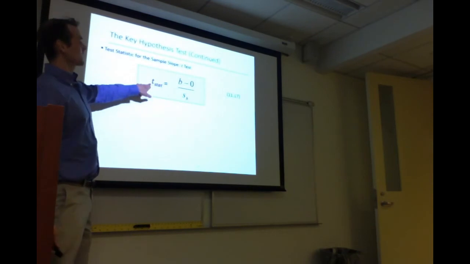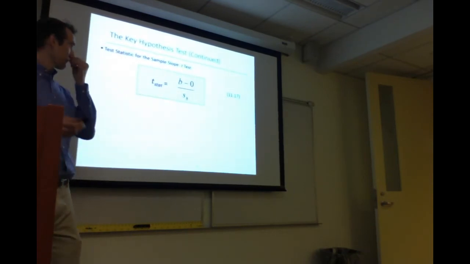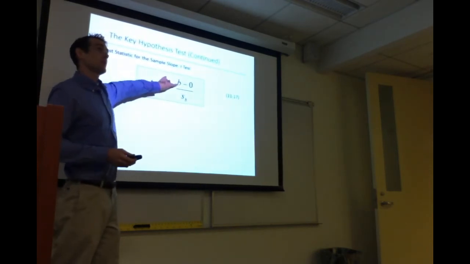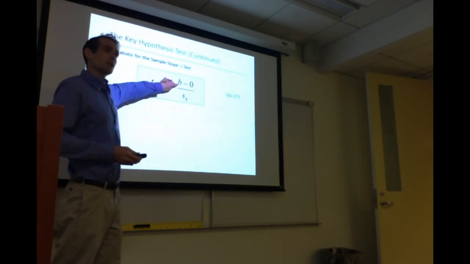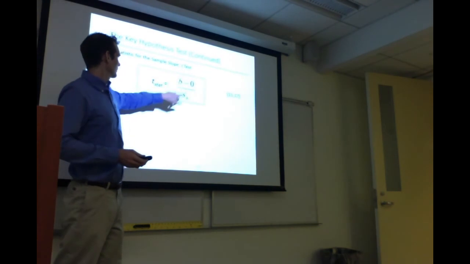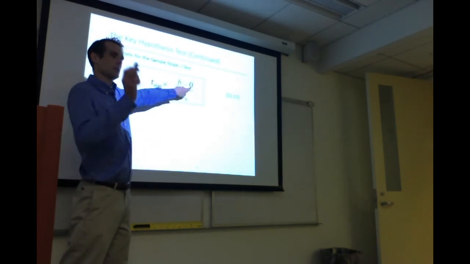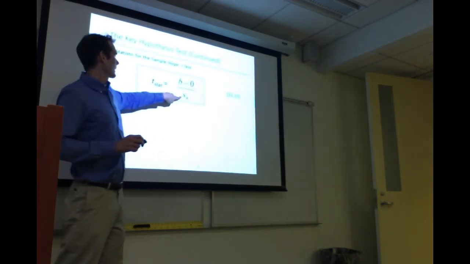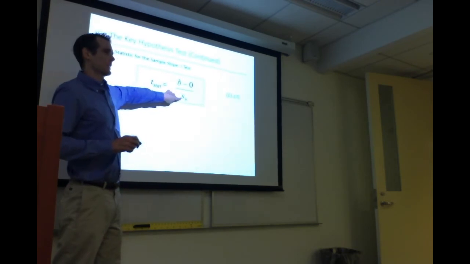We are going to use the t distribution because we're using small samples in this chapter. b is the sample slope that we construct from our sample data, minus 0. We're assuming that it's 0, so we're saying there's no difference between the slope and 0, and we're going to divide that by s_b. What is this?